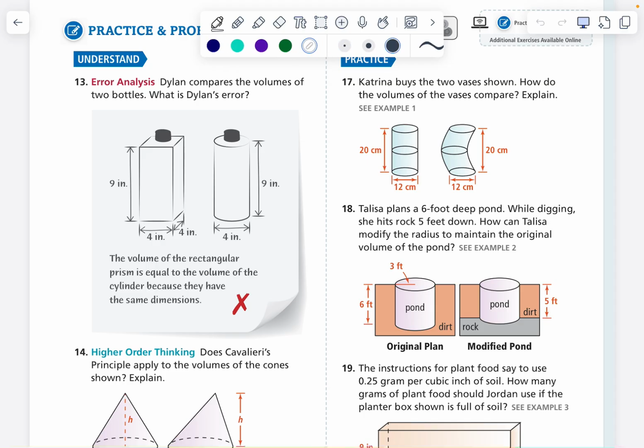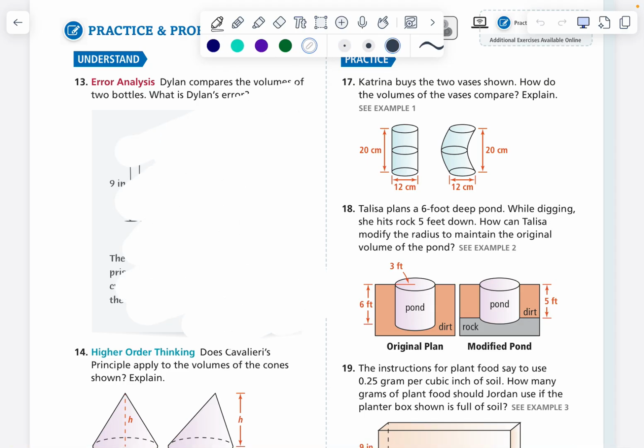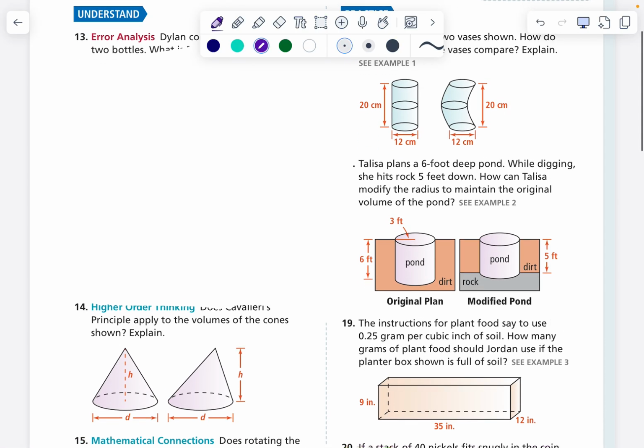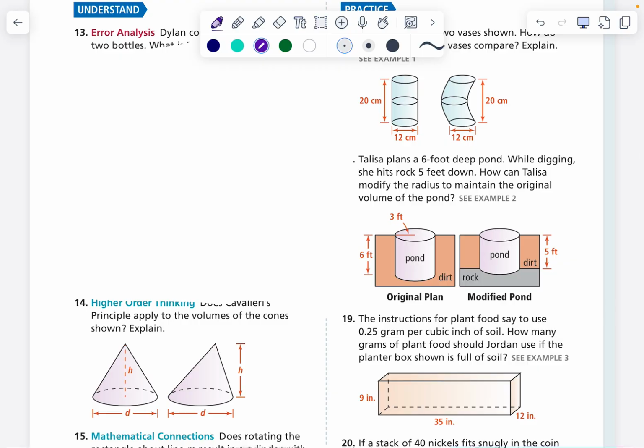Are we good on 13? So I can cover it up, like use that workspace. Is that okay? Yeah. Okay. All right, so number 18, Talisa plans a 6-foot deep pond. While digging, she hits a rock 5 feet down. How can Talisa modify the radius to maintain the original volume of the pond?